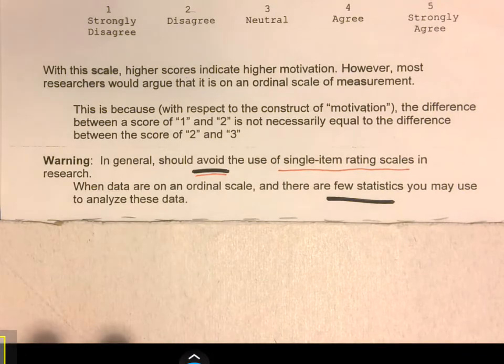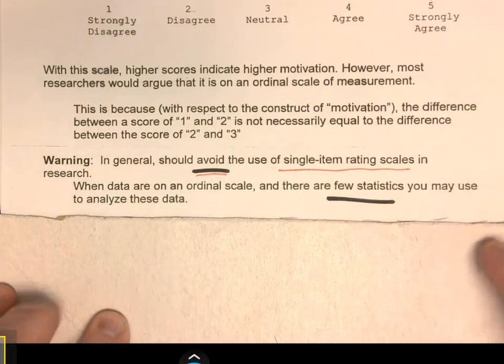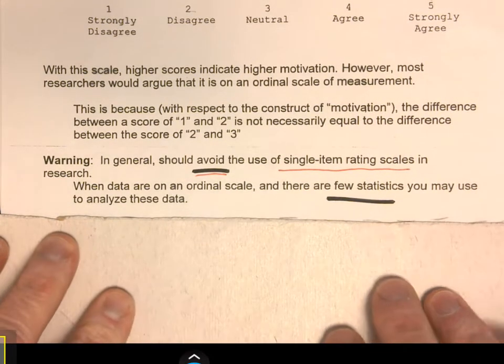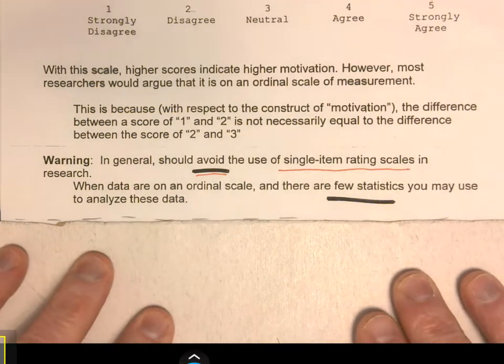And if you measure, especially a dependent variable, on an ordinal scale of measurement, we have relatively few statistics that we can use to analyze data from studies like that. I advise students in general to stay away from variables measured on an ordinal scale of measurement when possible.